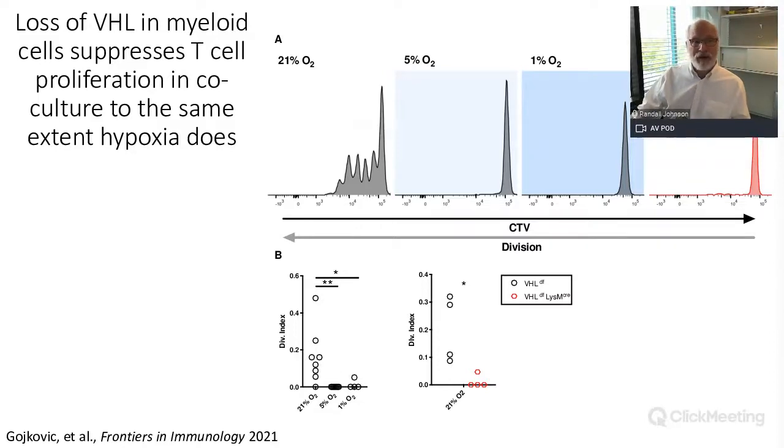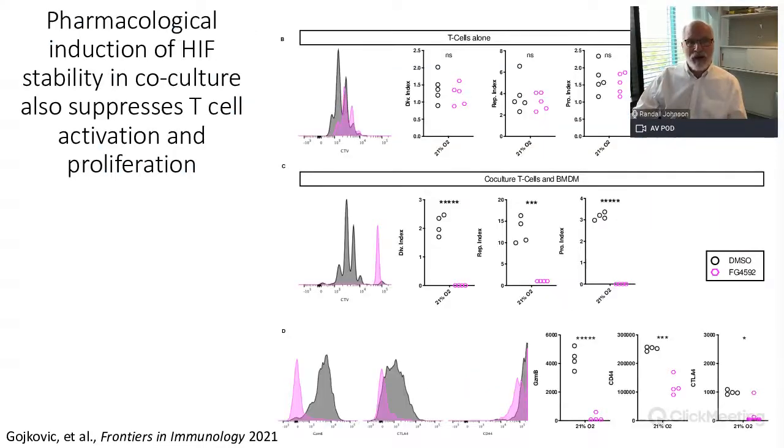And here you can see that in the context of the co-culture, there is a very significant suppression of T cell proliferation post antigen-mediated stimulation or activation of the cells. And that's very clearly related ultimately to the loss of the VHL itself.